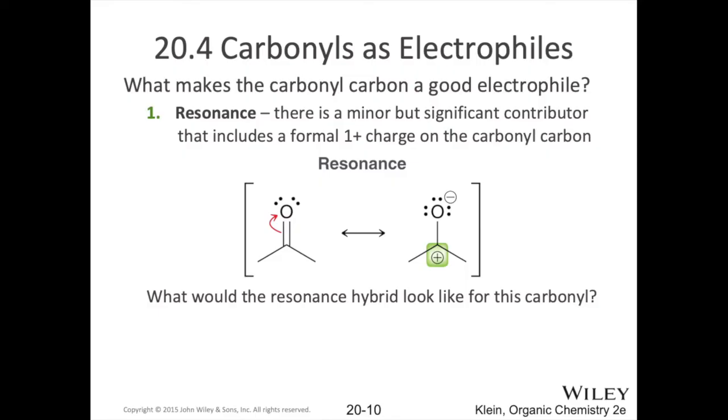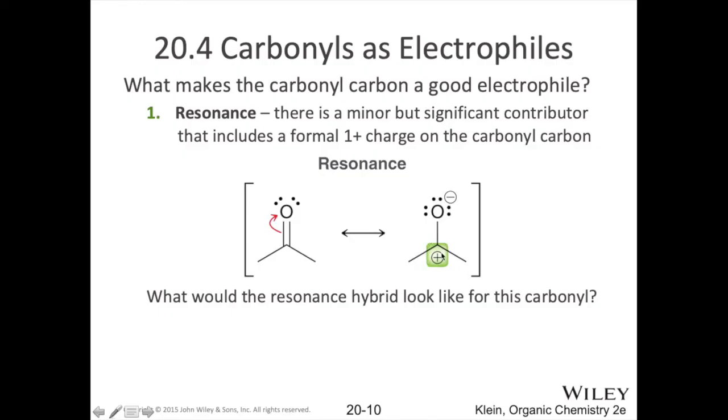To start off, you've got to consider that carbonyls are pretty good electrophiles, and there are a few reasons for that. The first one's resonance. You've got that electronegative oxygen pulling electron density towards it. So these electrons can actually swing up to the oxygen, giving it a formal negative charge and turning this carbon into a carbocation.